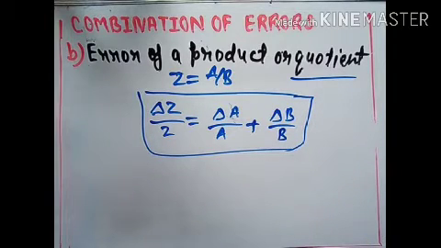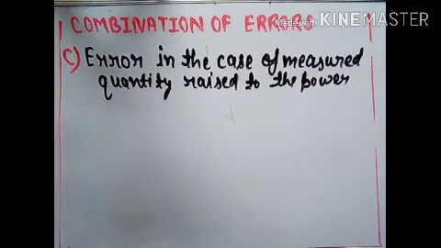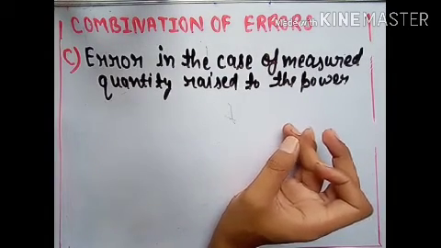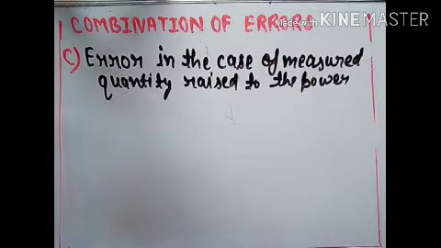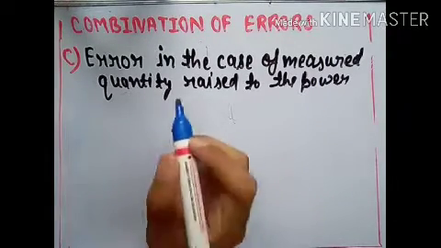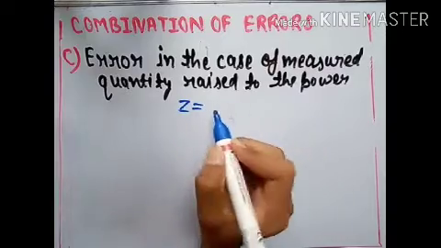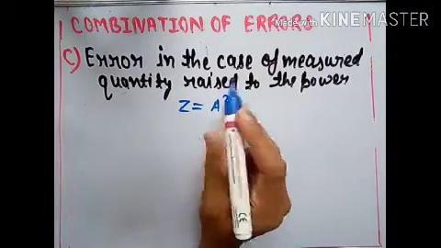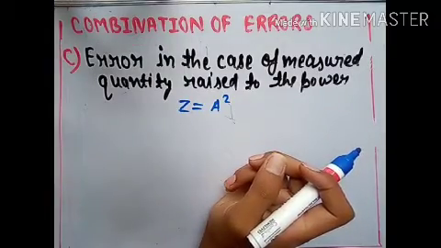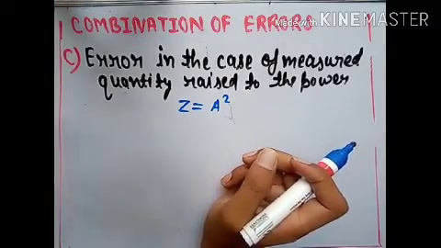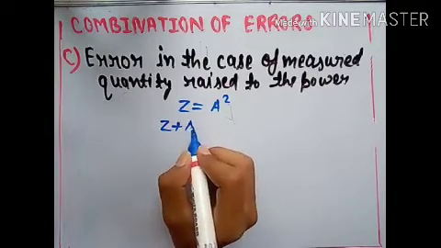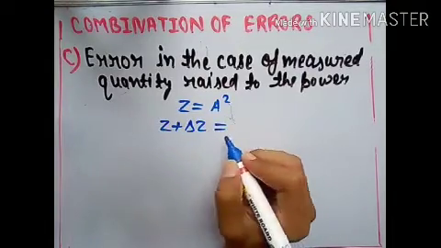Soon I will give you an example based on this. This one is the C part: error in the case of a measured quantity raised to a power. What happens when you take a quantity having some power, like z is equal to a square? For finding the error in this quantity, first of all you need to write the error in their measured form.